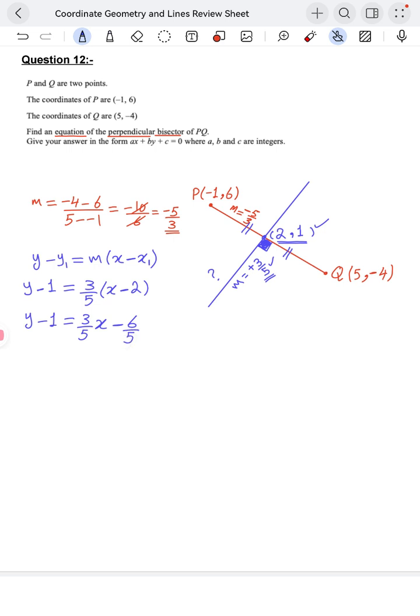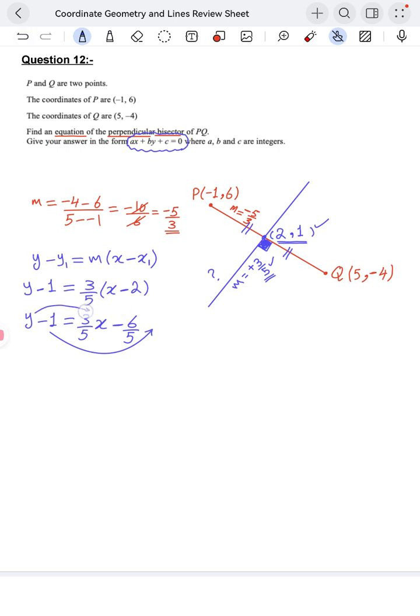Actually, the question wants you to write your answer in the form ax plus by plus c equals 0. So you have to bring everything to one side so that it's an equation equal to 0. I will bring the -1 and the y to this side.